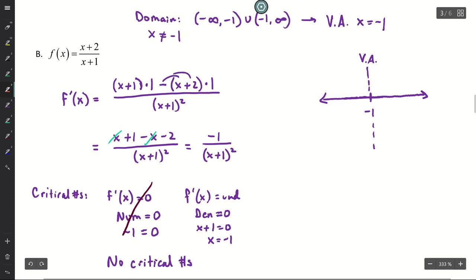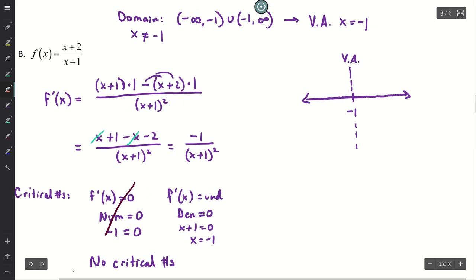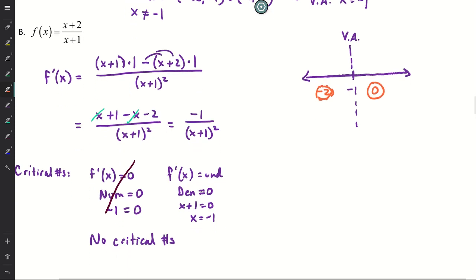All right, as far as test values, let's say to the left over here, let's do -2, and maybe to the right, let's do 0. Okay, and then we're testing those values back into our derivative. So f prime at -2.